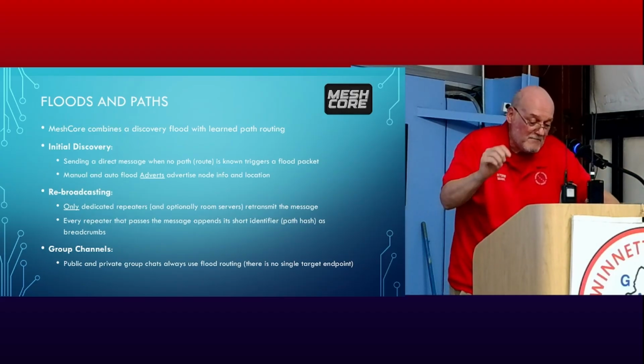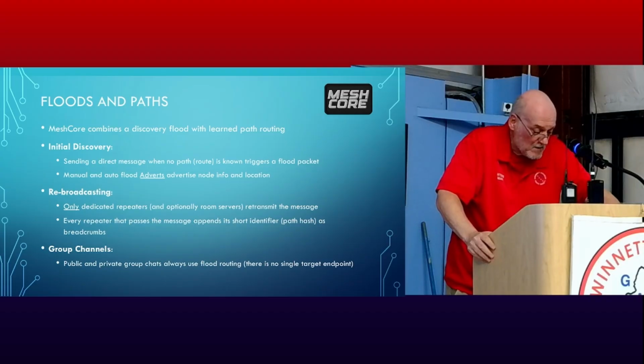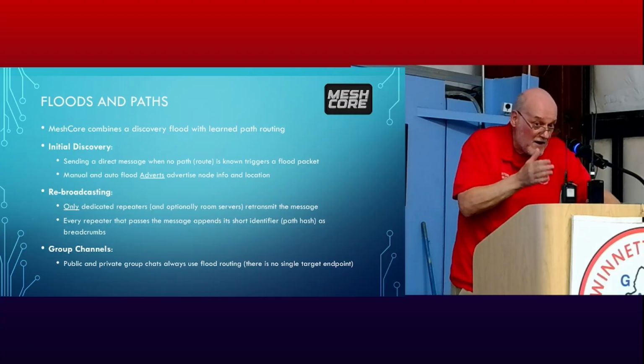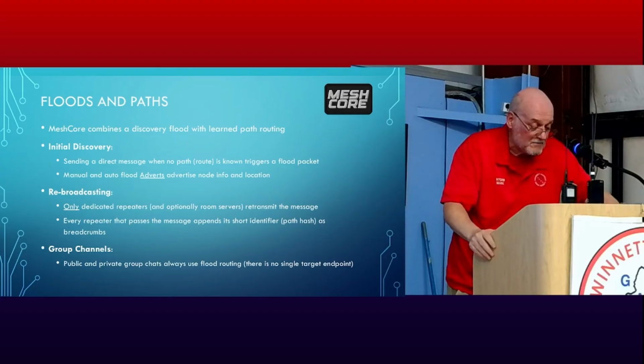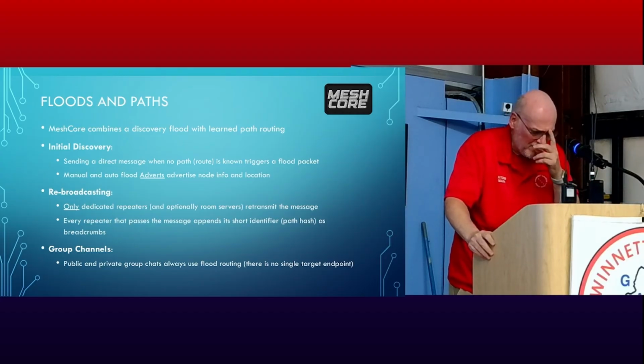With direct messaging, or even replying to a channel message, you can have a well-defined path that message is going to take. And we'll talk about how that path gets built. So I've already mentioned, repeaters are dedicated in Meshcore, and optional the room servers if you have that feature enabled.